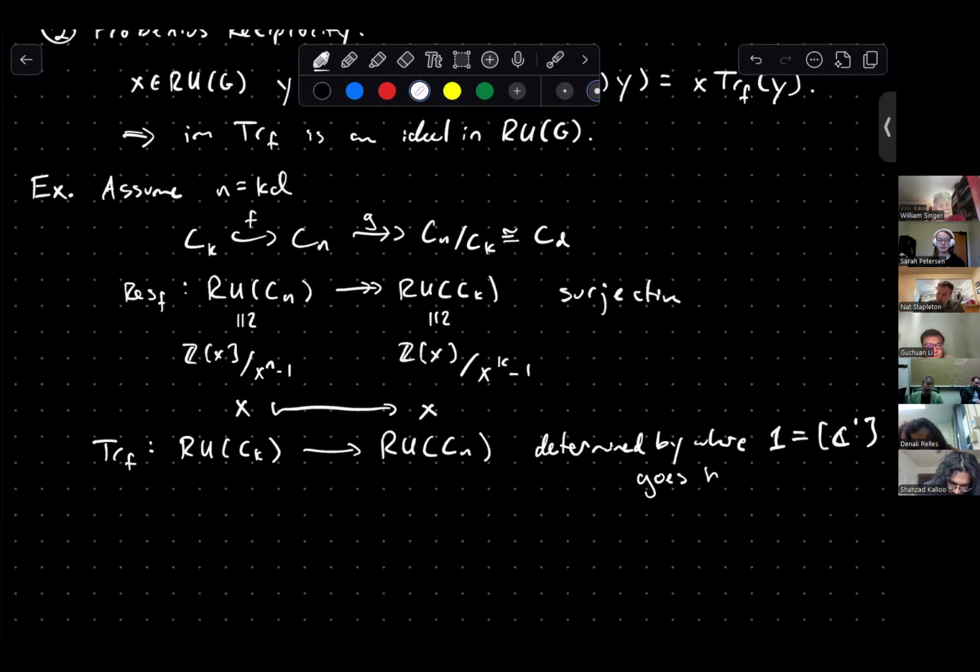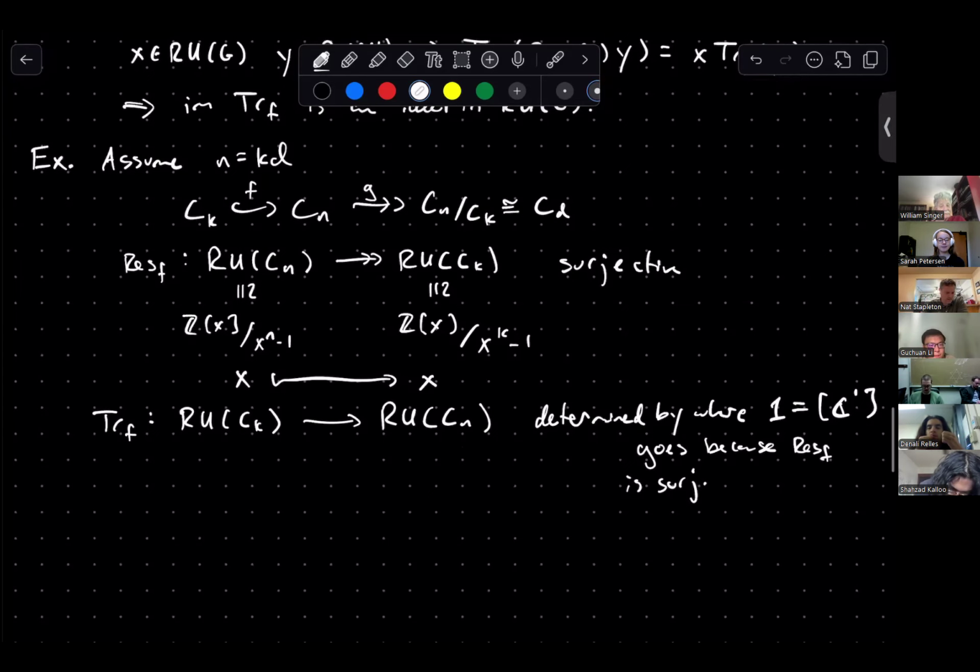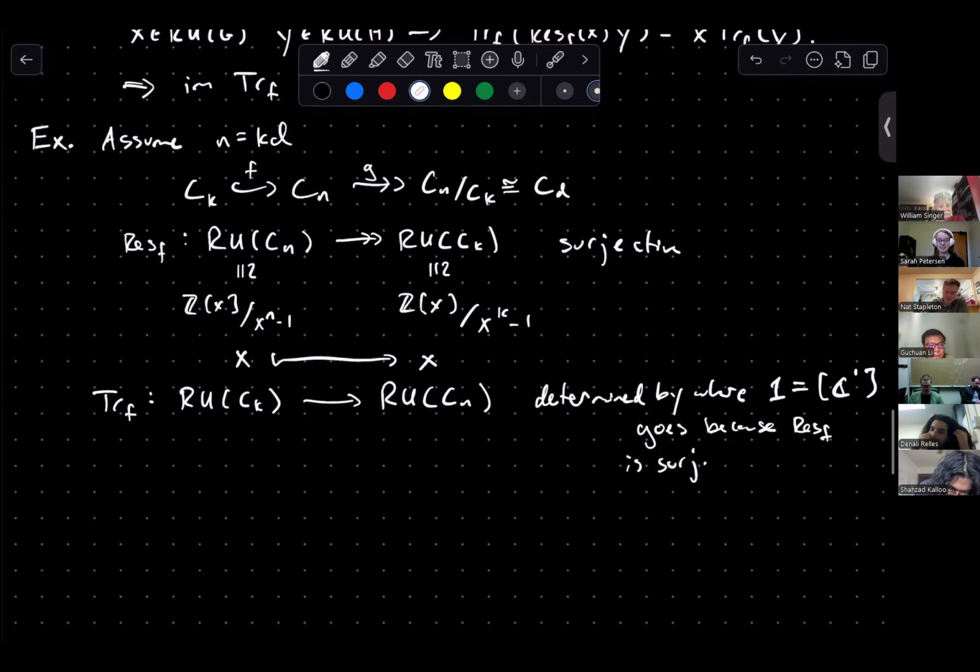Because the restriction along F is surjective. Now, this is an often useful observation: if your restriction map is surjective, then you can completely understand the transfer map with one piece of data. I have found this useful in real work.